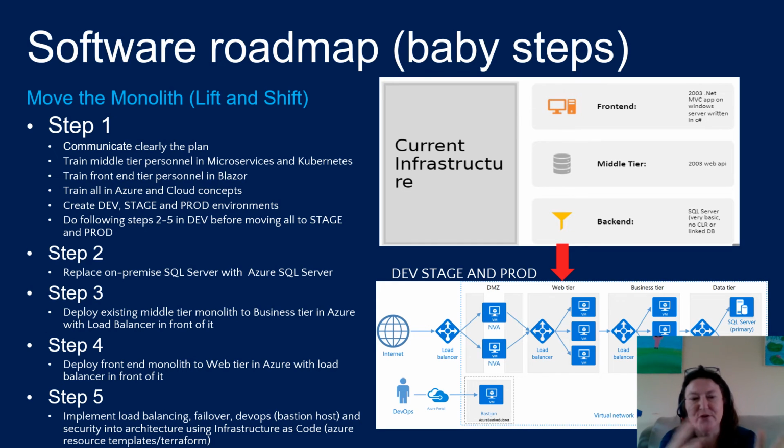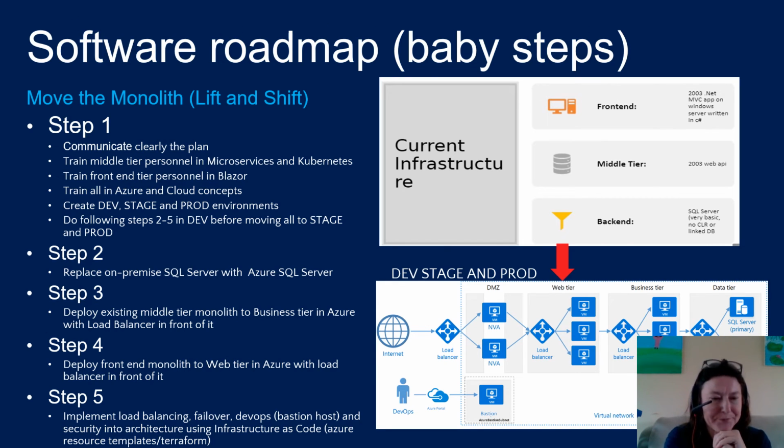The SQL Server can move, lift and shift, exactly as it is without any code changes. Azure managed instances make managing that SQL Server even easier than it is on premise, because Azure will handle things like scalability, backups and recovery, and failover, and all that kind of stuff. So that's a really low-hanging fruit.